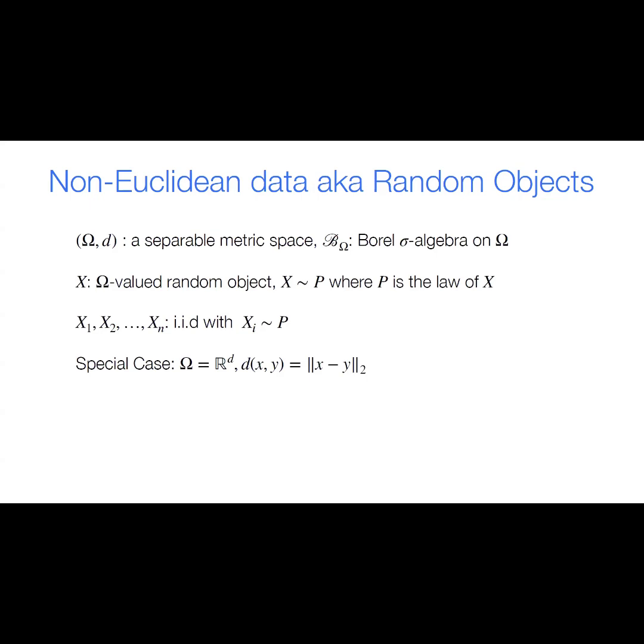And from here on, I'm going to refer to them as random objects. And I'll assume that they are generated according to some law P, which is a law on the metric space itself. And a special case that we see all the time is when Ω is the space R^D and d is the Euclidean metric.